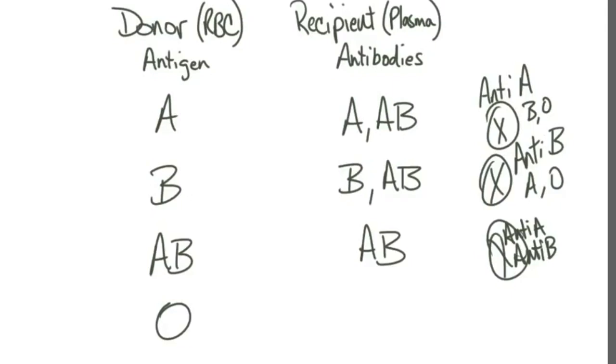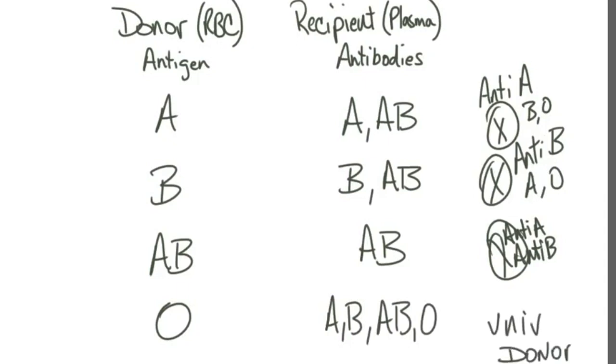Type O is known as the universal what? Correct, the universal donor. So they can give to A, B, AB, and O. Universal donor. I want you to know that type AB is the universal recipient.